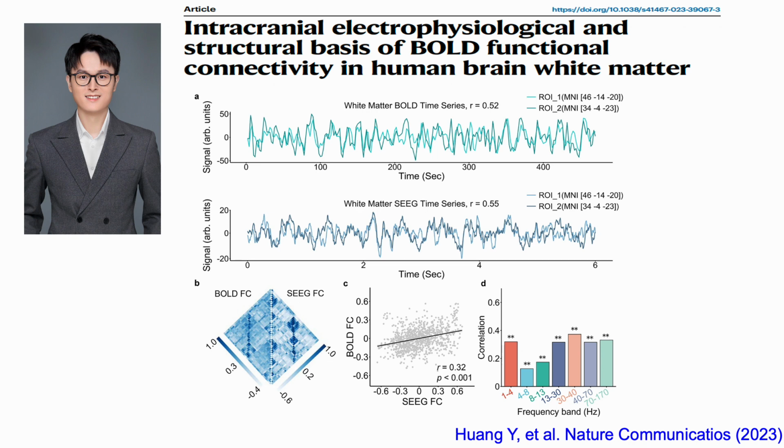Just recently, Dr. Chui published a paper in Nature Neuroscience where he used EEG data and showed a good correlation between BOLD functional connectivity and EEG functional connectivity, again suggesting that perhaps there is an electrophysiological basis to these connectivity patterns.